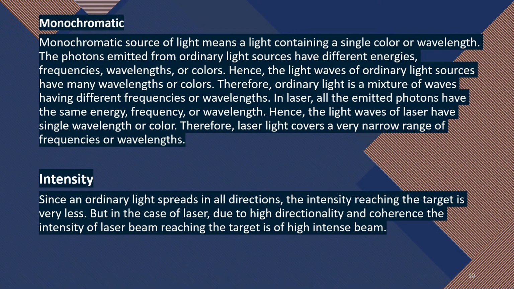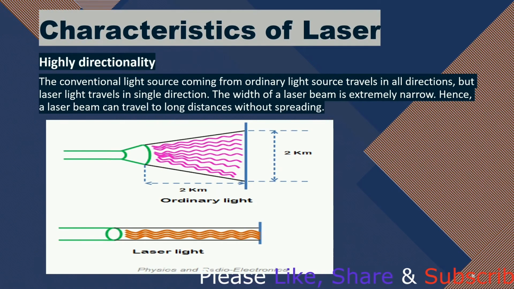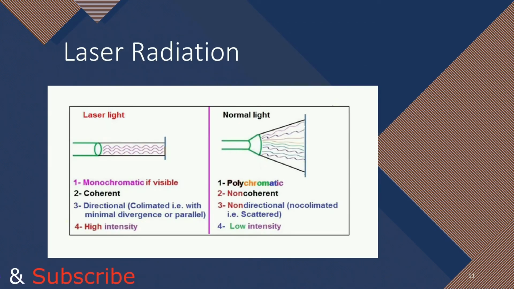Now let's compare laser radiation with normal light. As you can see in the picture, monochromaticity. In lasers we have monochromatic light, but in normal light we don't, because monochromatic means only a single color, and only in lasers can we see a single color, whether it is a green laser, red laser or blue laser.